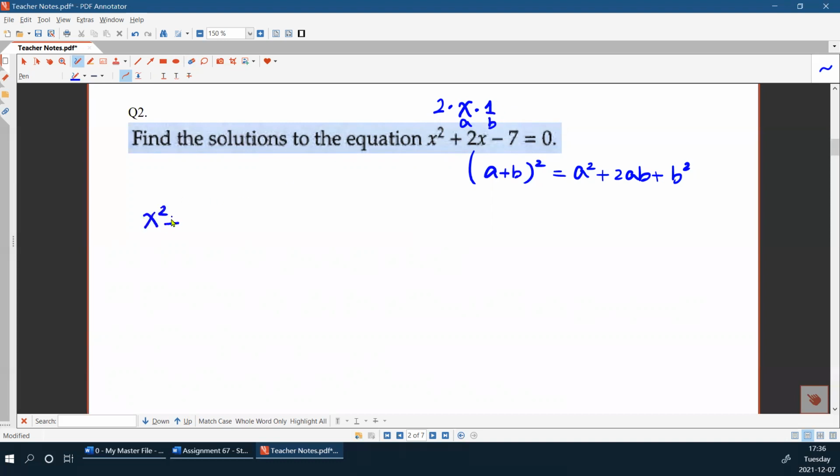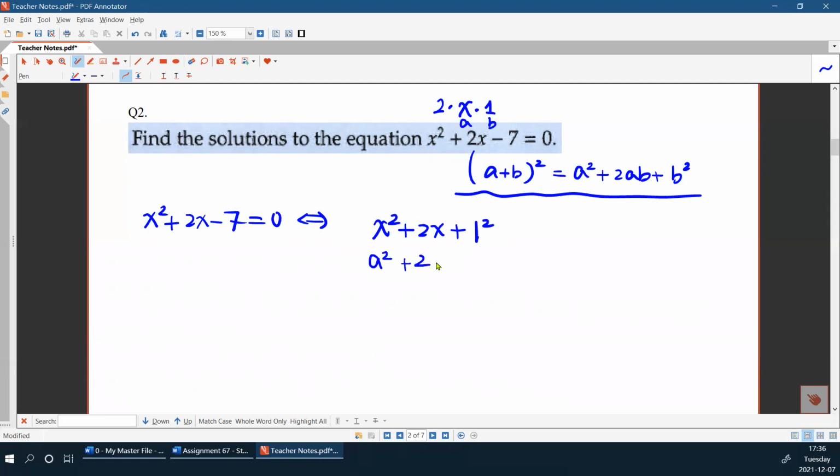So we need another term, which is 1 squared. So x squared plus 2x minus 7 is 0. This is equivalent to, in order to use a formula like this, you need to add another term, which is 1 squared, right? And then you will have a squared plus 2ab plus b squared, right? a is x, b is 1.